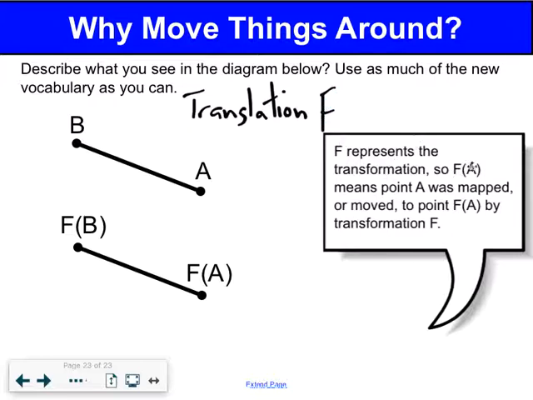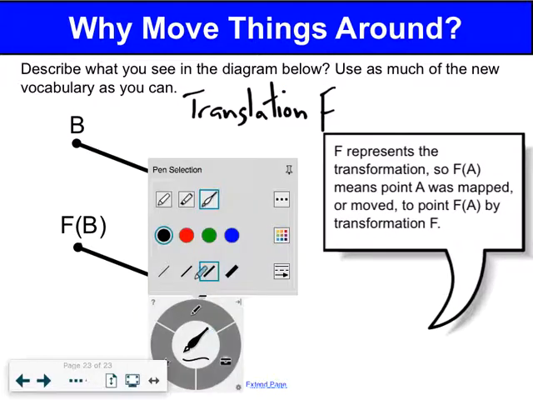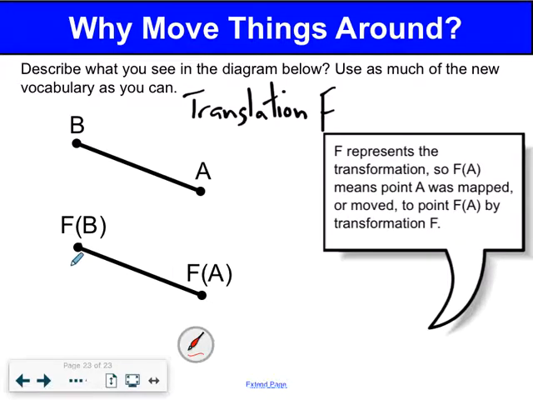So F parentheses A means that point A was mapped or moved to point F(A), or what they say A by transformation F. So this F parentheses B simply means this is point B after it was translated by F from point B. Now, another way to write this in a way that I prefer would be calling it B prime, okay?